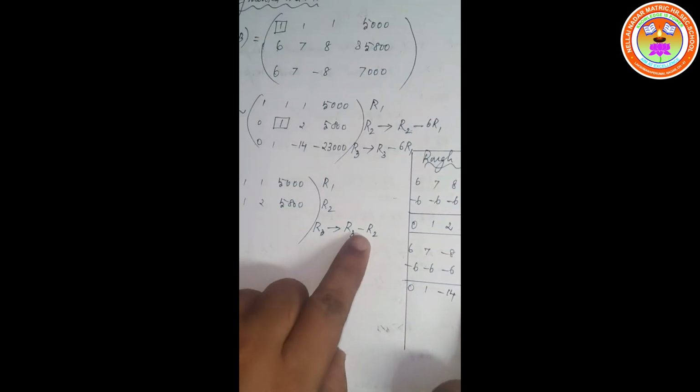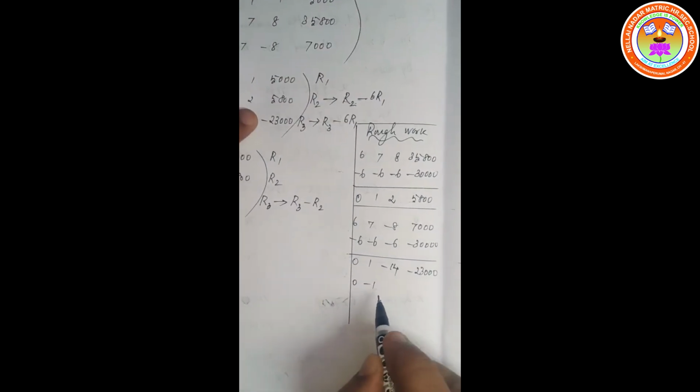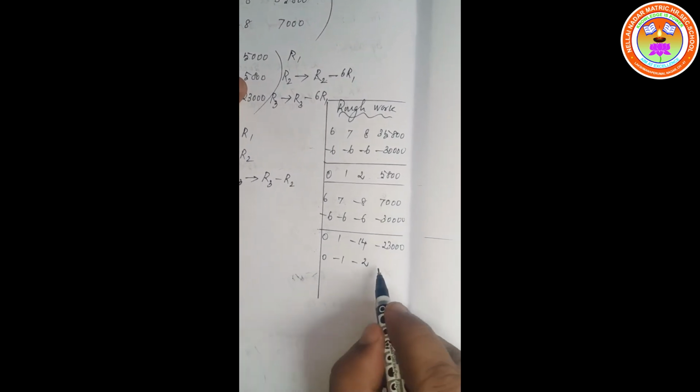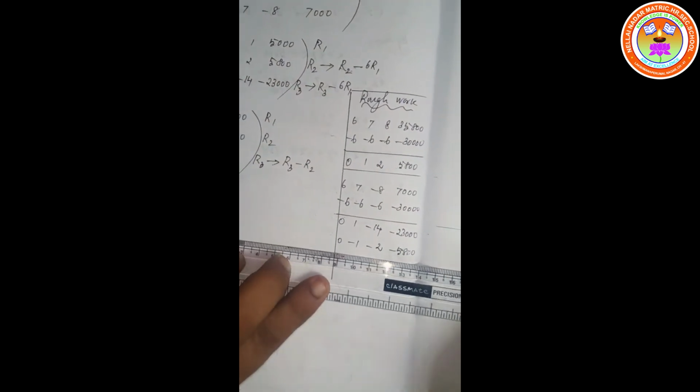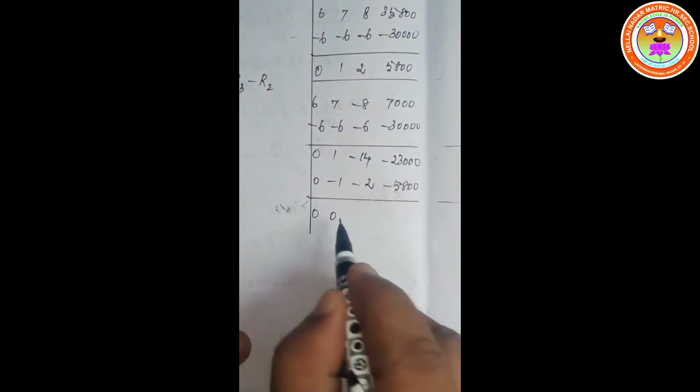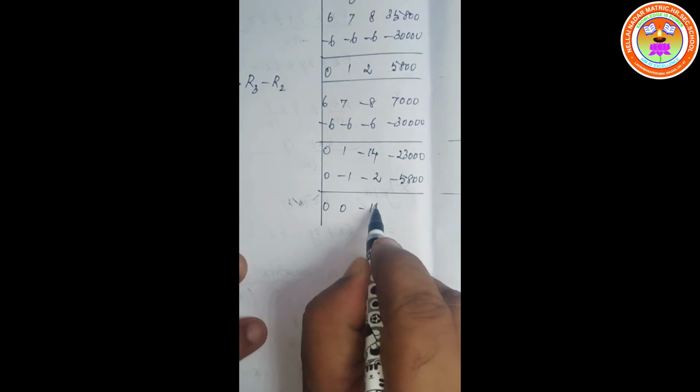Now R2 should be multiplied by minus, so 0, minus 1, minus 2, minus 5,800. Okay, 0, 1 minus 1, 0, minus 14, minus 2, minus 16.